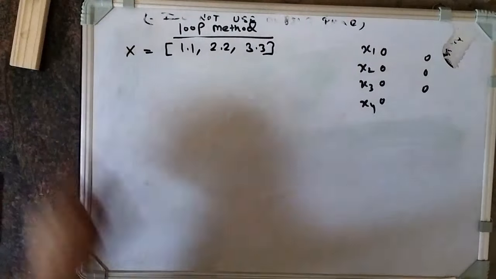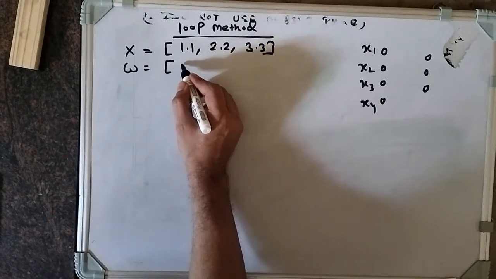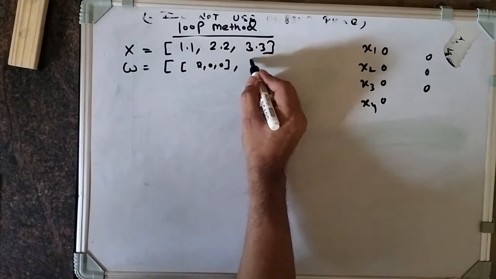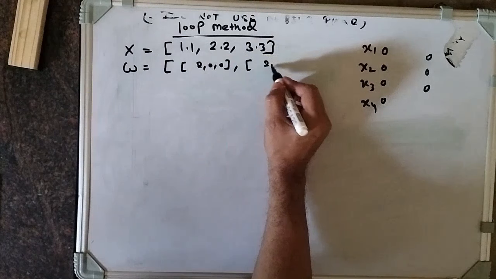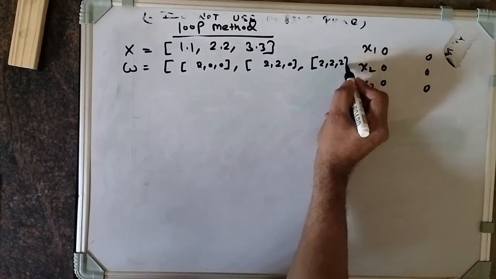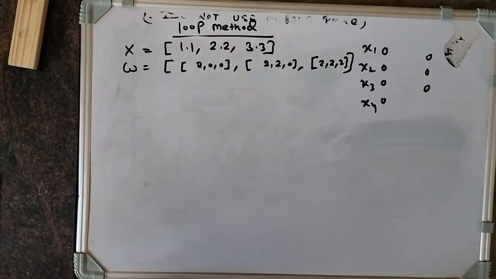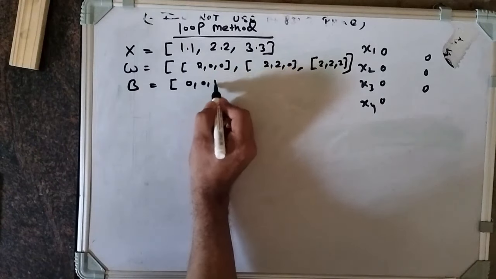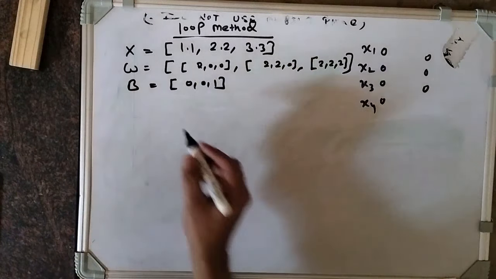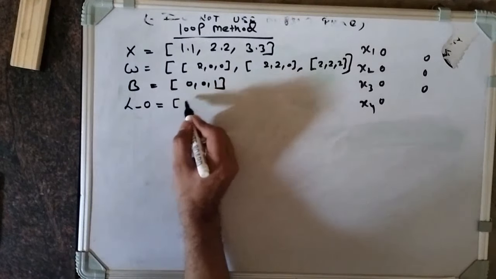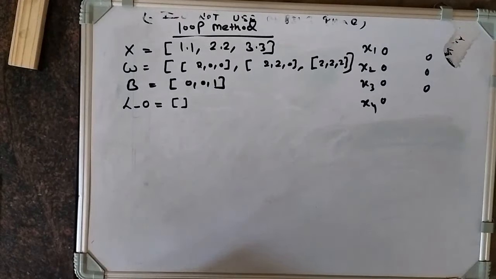Then second I am writing another list, w, which is a list of lists: 2, 0, 0, then 2, 2, 0, and third 2, 2, 2. Done. Now I am writing bias, suppose 0, 0, 1, and my layer output is initially empty, nothing is there.